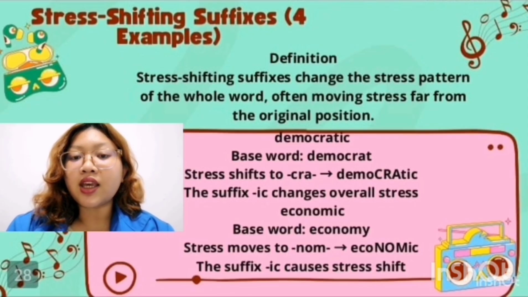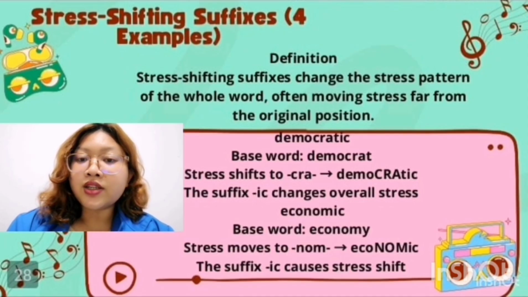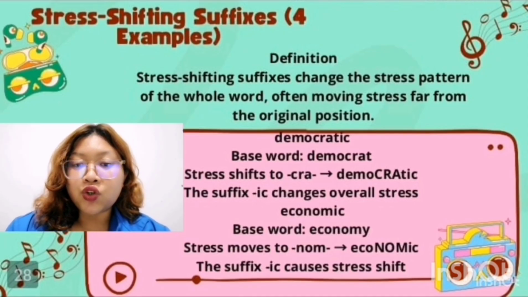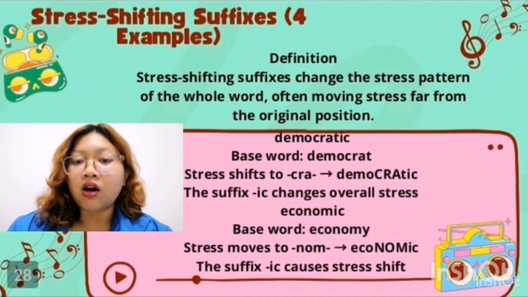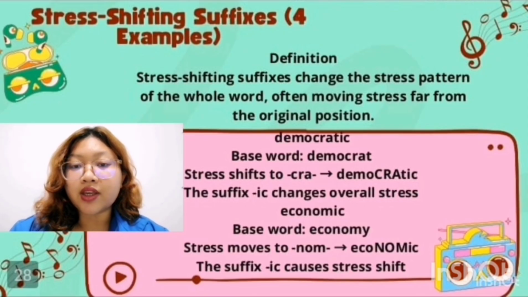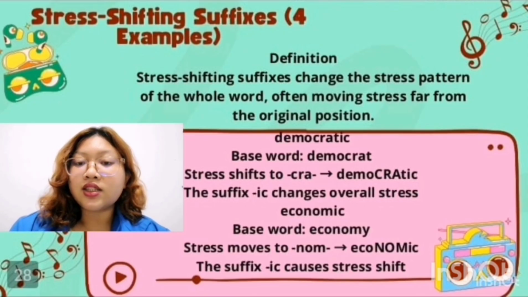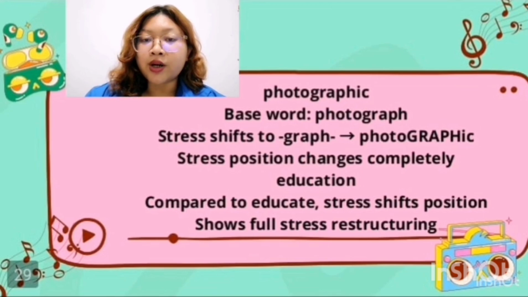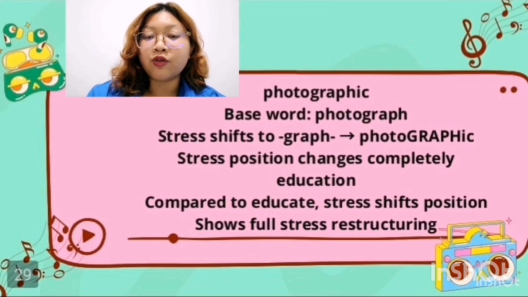The suffix "ic" changes the overall stress. Economy. Base word is economy. Stress moves to "nom", so economic. The suffix is "ic", which causes the stress shift. Photography. Base word photography. The stress shifts to "graph", so photographic. Stress positions change completely.